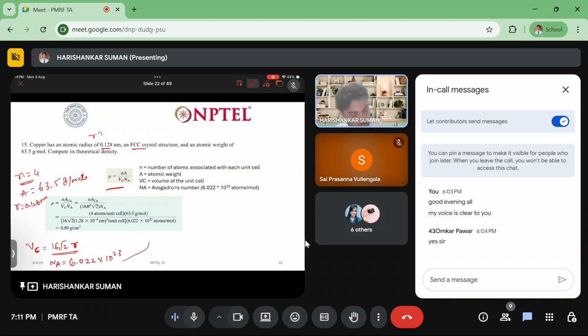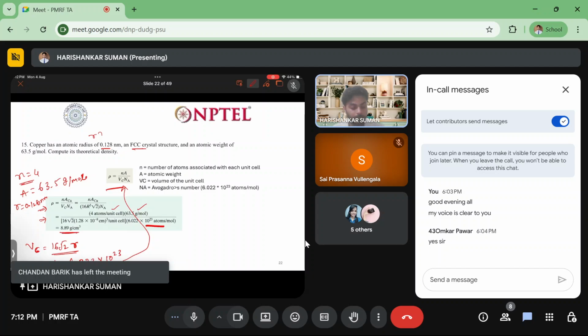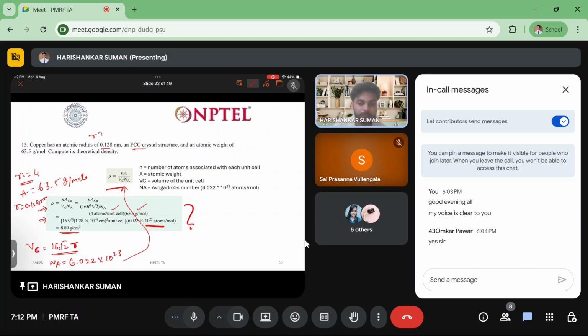Please put these values in this equation. You will get the answer like that. See, 4 atoms and atomic weight divided by volume and Avogadro number. Answer will be 8.89 gram per centimeter cube. Please verify this answer. Is this correct or not?